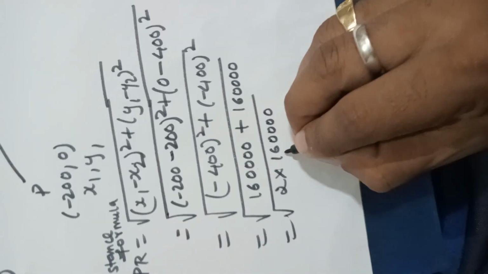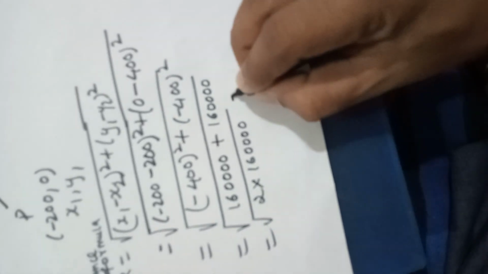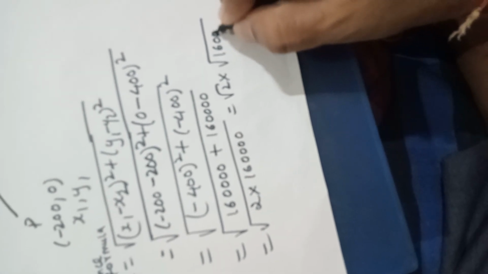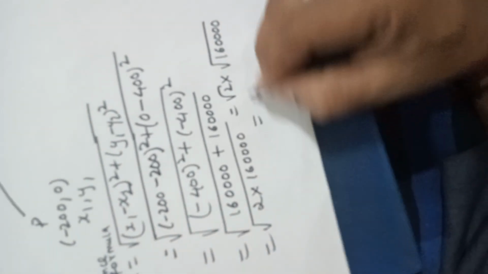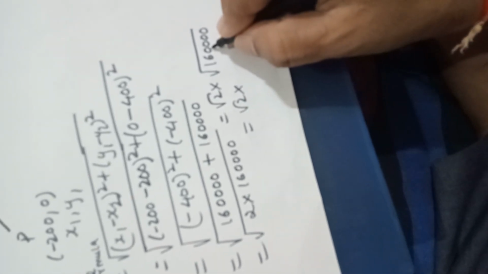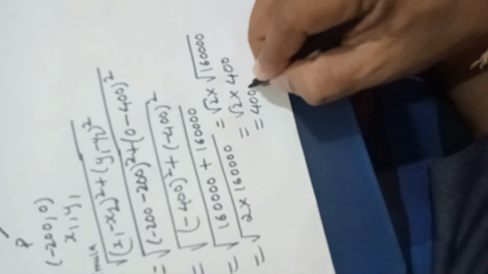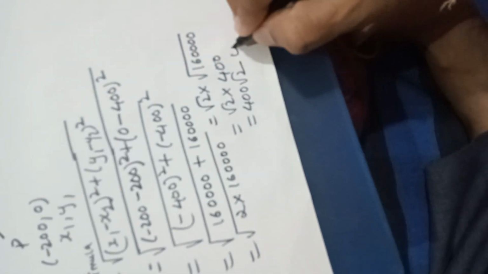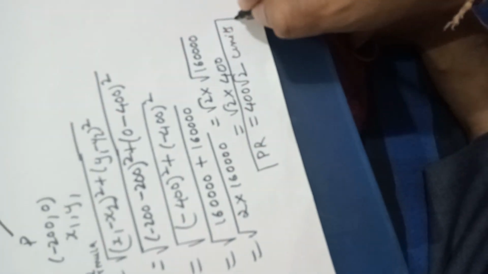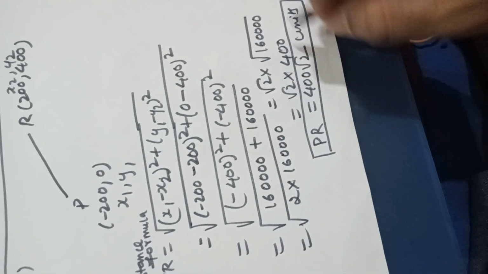Now you can easily find the square root of it. So this is 400 root 2, so 400 root 2 units. So this is the length of diagonal PR. In this way, you can find out the length of diagonal PR as 400 root 2 units.